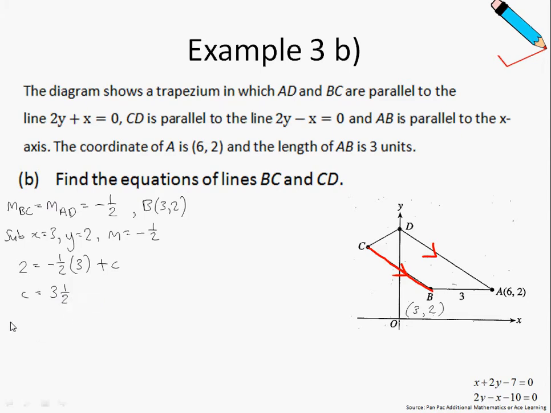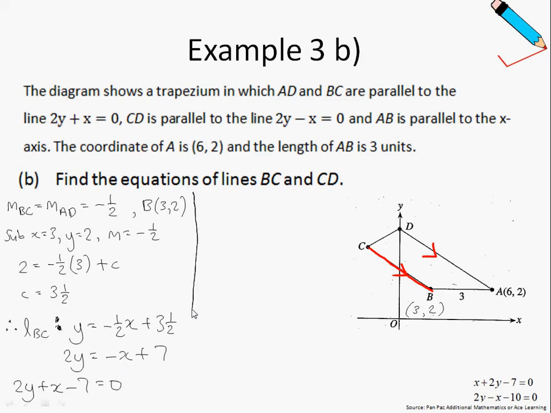Therefore, the equation of line BC is simply y equals negative half x plus 3.5. If you want, you can multiply 2 throughout this equation to get 2y equals negative x plus 7, and rearranging, we will have 2y plus x minus 7 equals 0. And that's the equation of line BC.